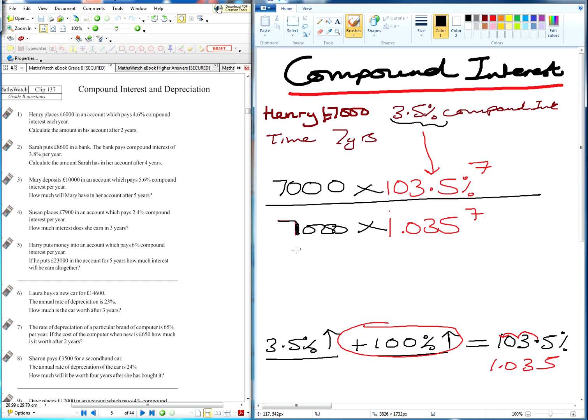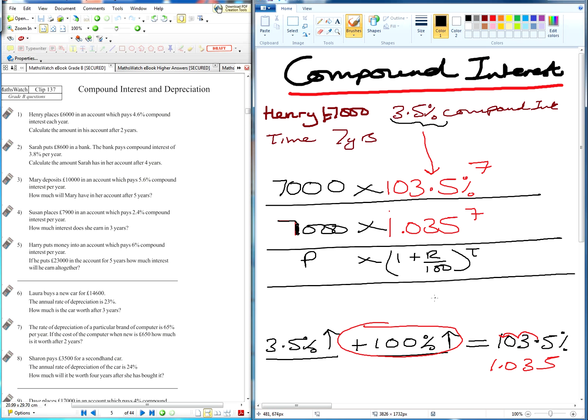The principal amount multiplied by 1 plus the rate over 100, to the power of t. That's the actual formula that I've used to work that out. If you want to put a red box around your formula, please by all means do so.